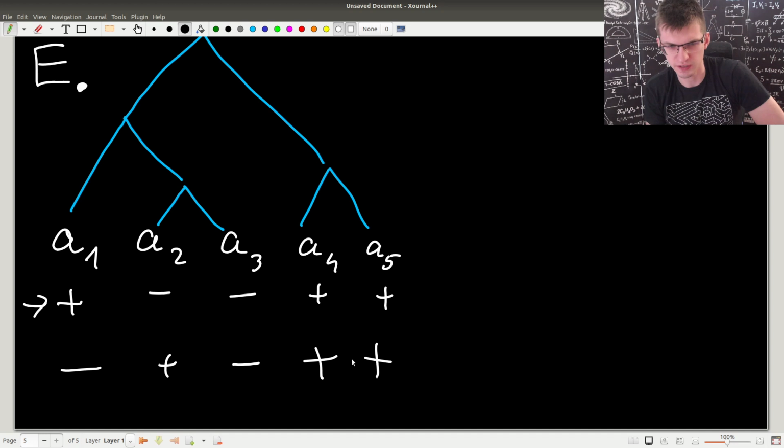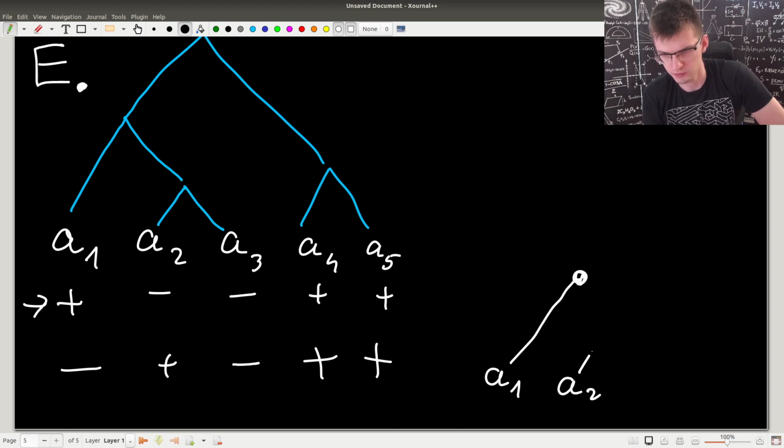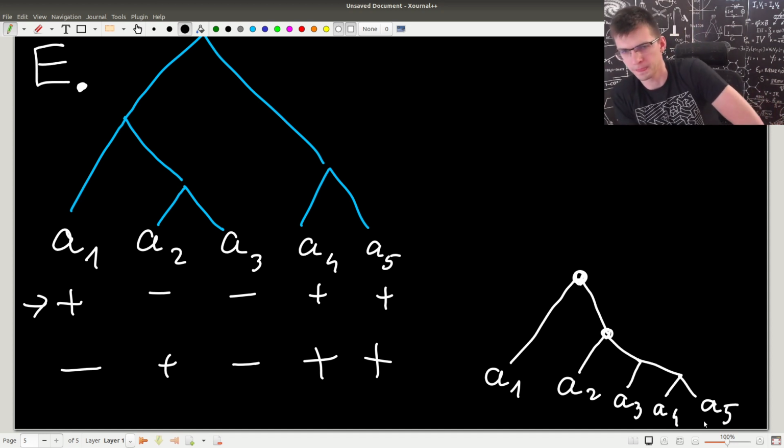Can I create this exact sequence? A1 will be just once, where I want to here have A2. It will be twice. A3. A4, A5. Does this work?